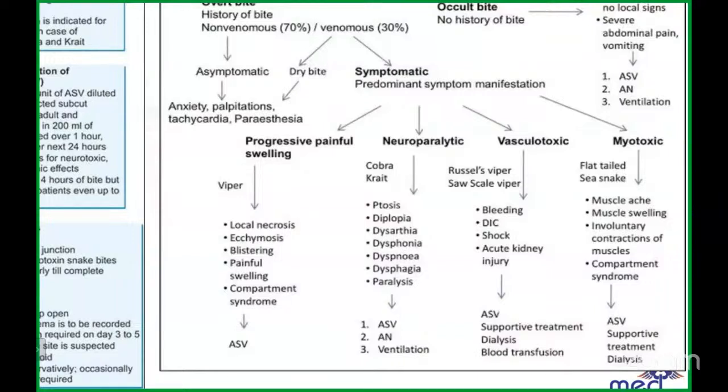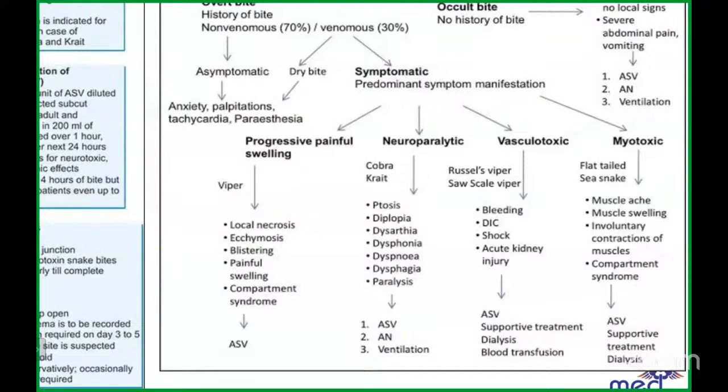Usually in you and me, a normal patient without a snake bite, or in case of a non-venomous snake bite, the blood should clot in 20 minutes. But if the blood does not clot in 20 minutes, then that is what you call 20 WBCT positive, and you can suspect that maybe the bite was by a venomous vasculotoxic snake, which is mainly a Russell's viper or a saw-scaled viper that you find in India.